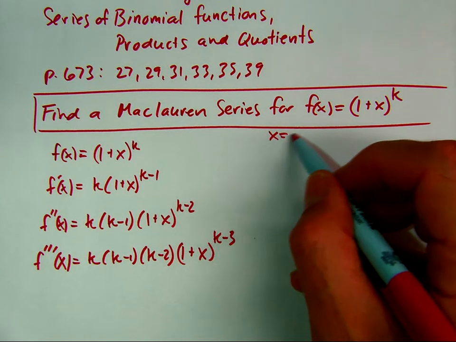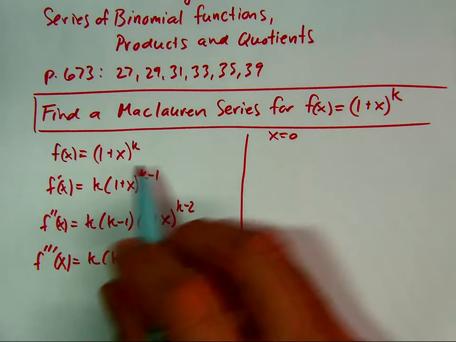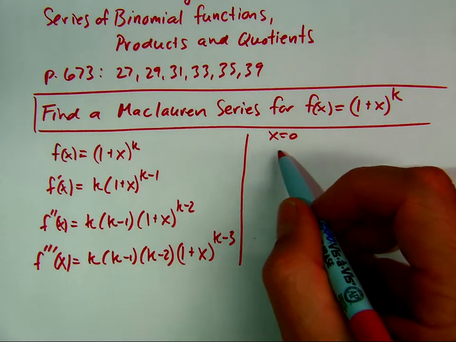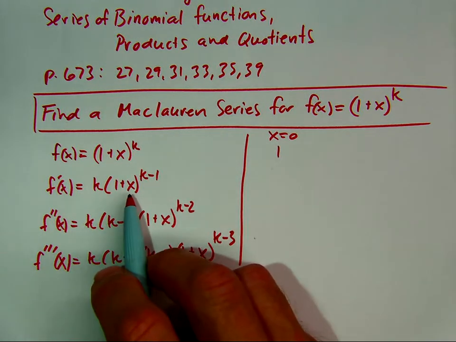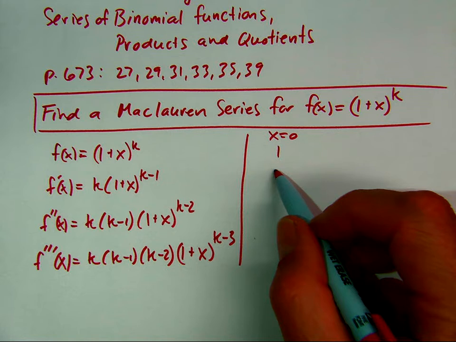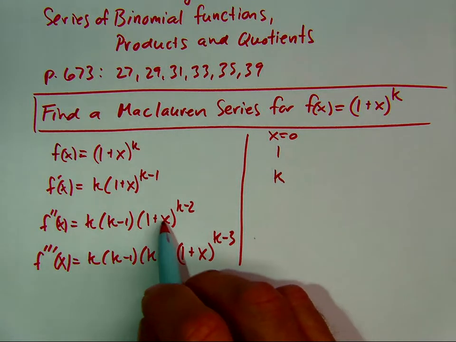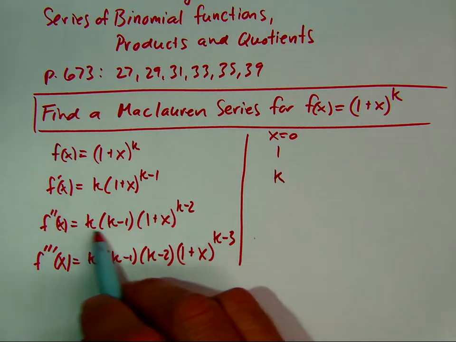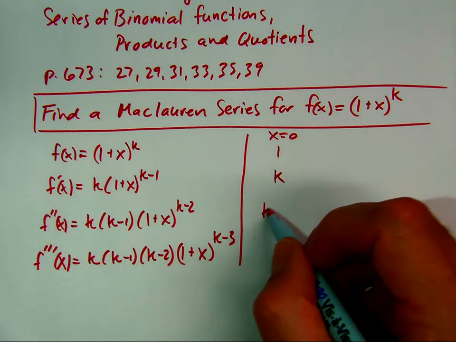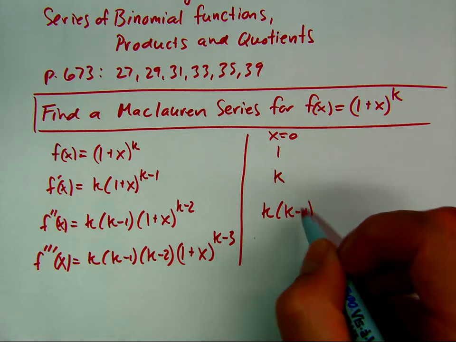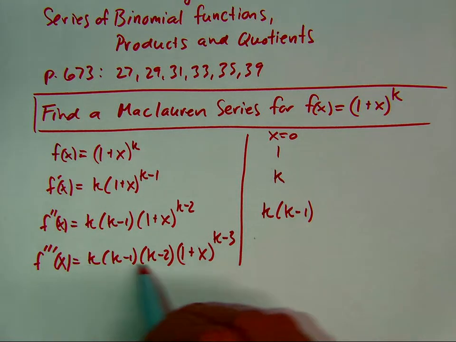So when x equals 0, we put a 0 in there and we get 1. We put a 0 here and we get k. Put a 0 here, that's a 1. We get k times k minus 1. Put a 0 there and we get all of that.